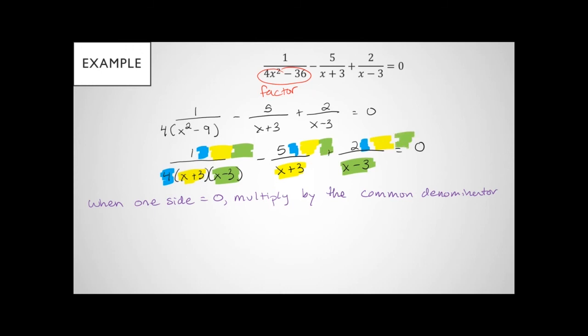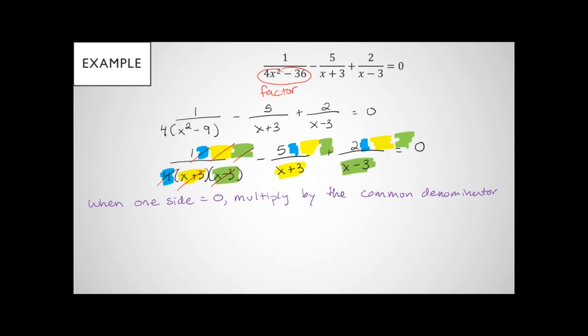So I'm just writing those in with colors so you can see, and then things would cancel. So, for example, the blue 4s would cancel, the x plus 3s would cancel, the x minus 3s would be canceling.